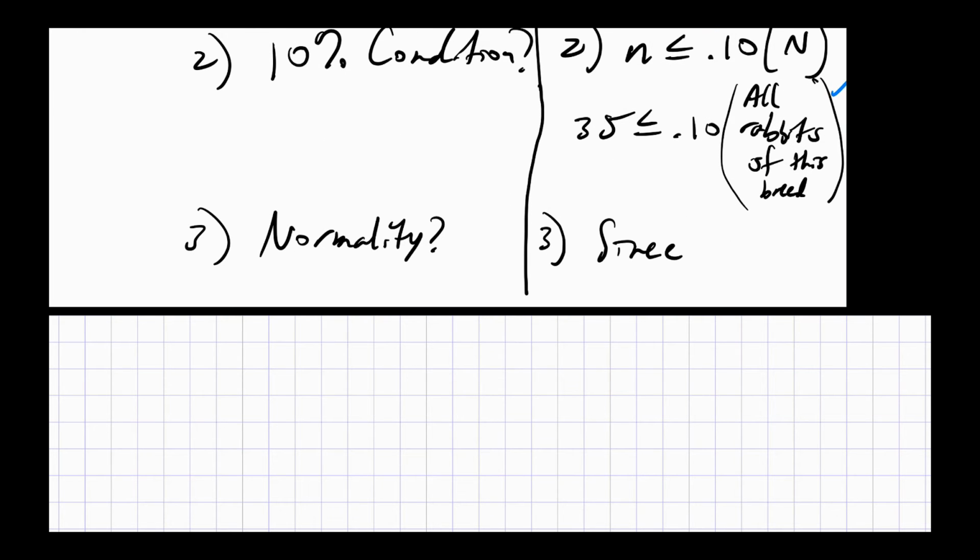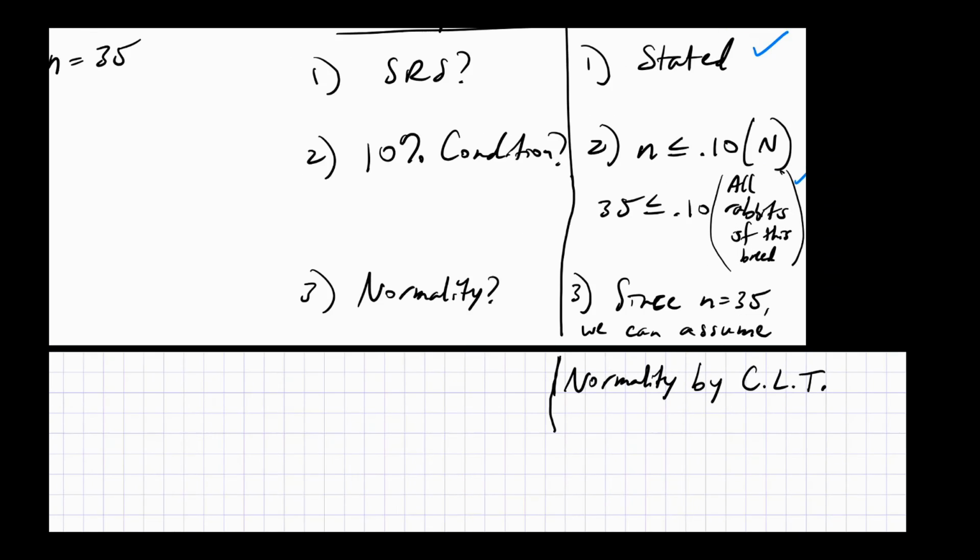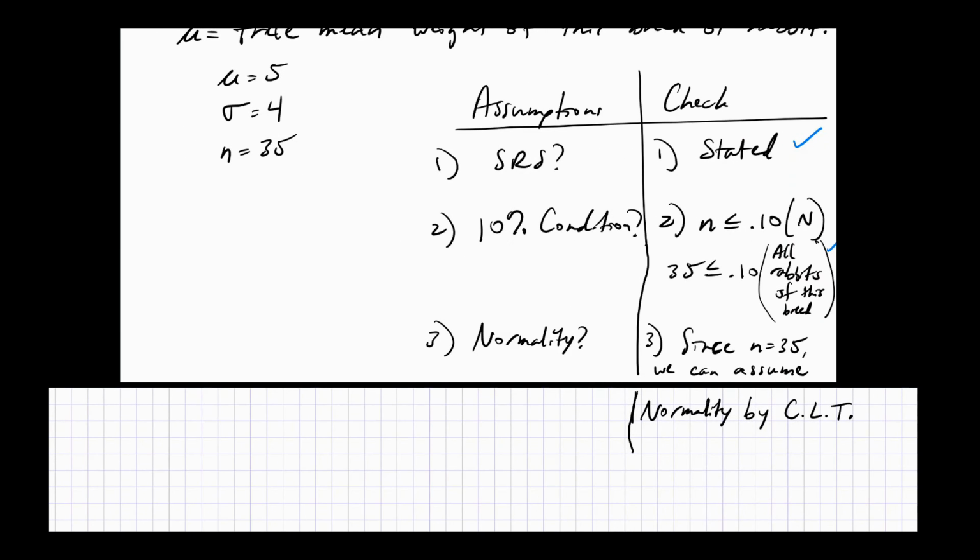Since n is 35, which is greater than 30, we can assume normality by, what is that called again? The central limit theorem. Yep. Okay, that's 2 points.